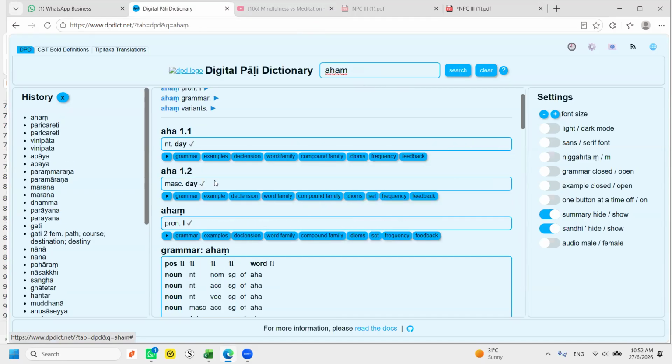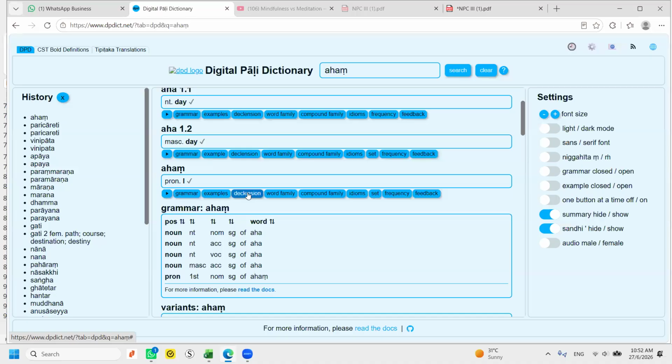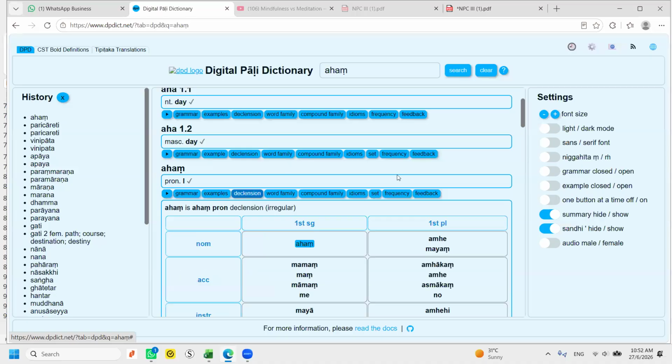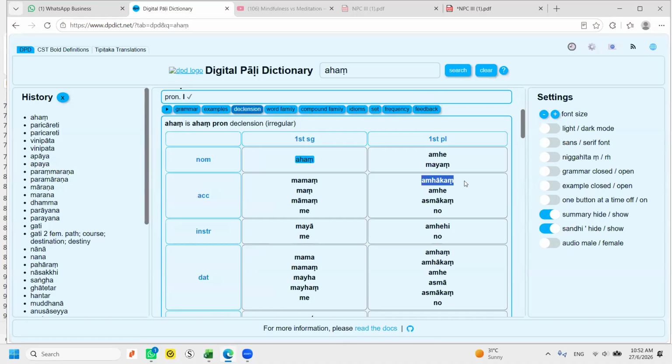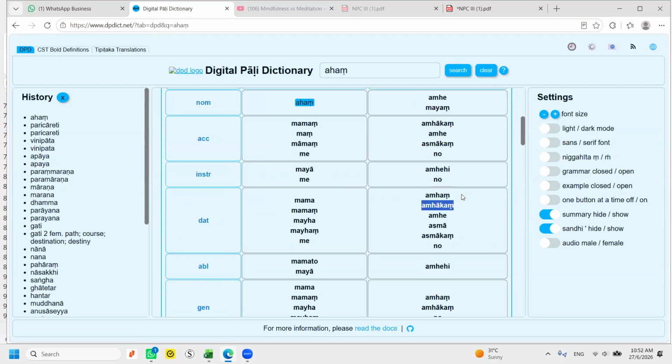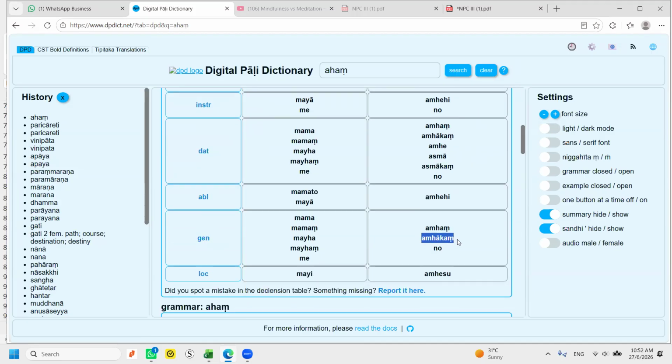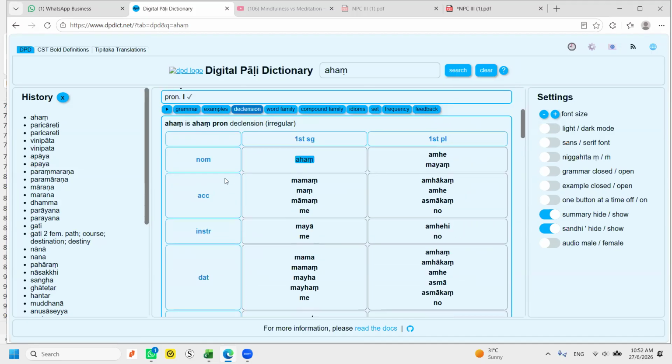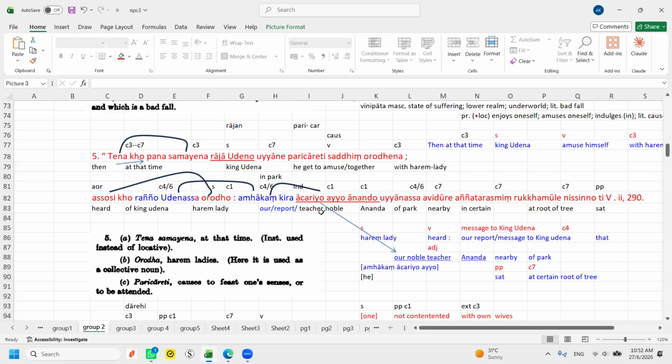Ahang, declension. Can you see the word here? Hang kang, three hang kang. So accusative, dative, genitive. All right.